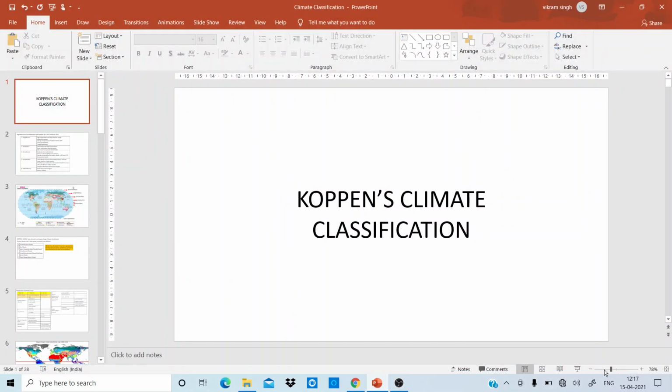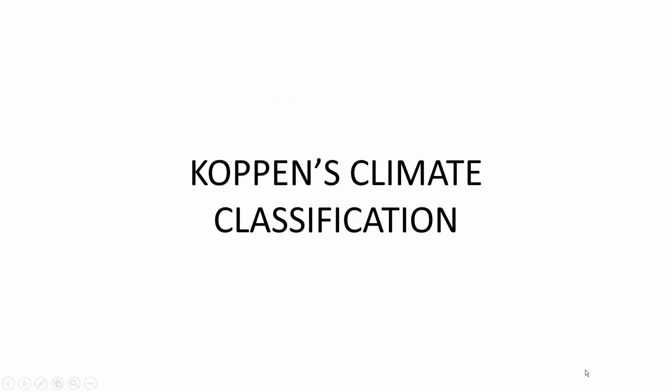Today's topic is Koppen's climate classification. This is not a very technical topic, but questions are always asked. One or two questions always come, and if you go through the book, you might find it a bit confusing as to how to remember the classification of climate.